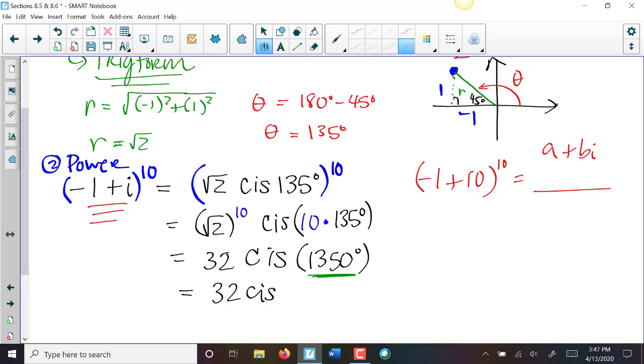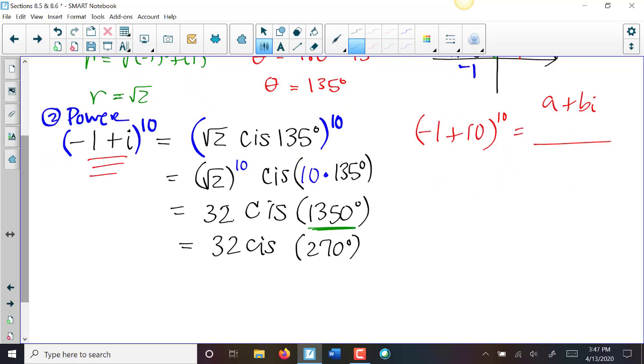So take off all the full rotations. Least positive coterminal angle here would be 270. All right, so there it is in trig form. Now I can go back to rectangular form. So it's going to be 32 times the cosine of 270, which is 0, plus the sine of 270, which is -1 i.